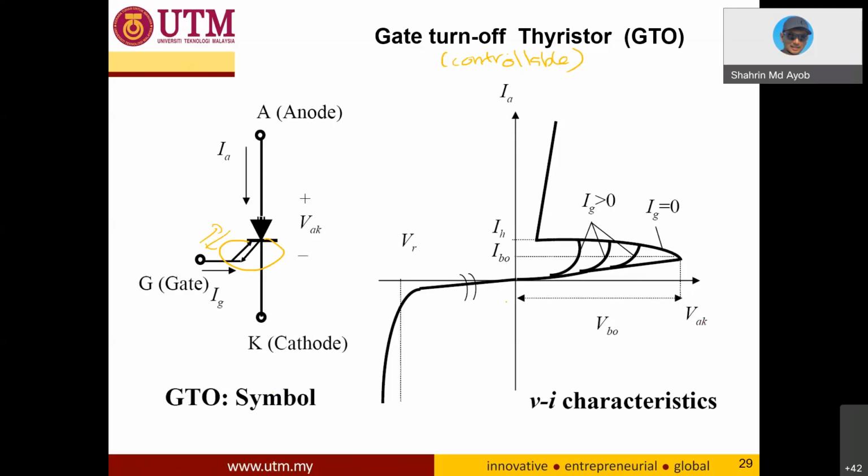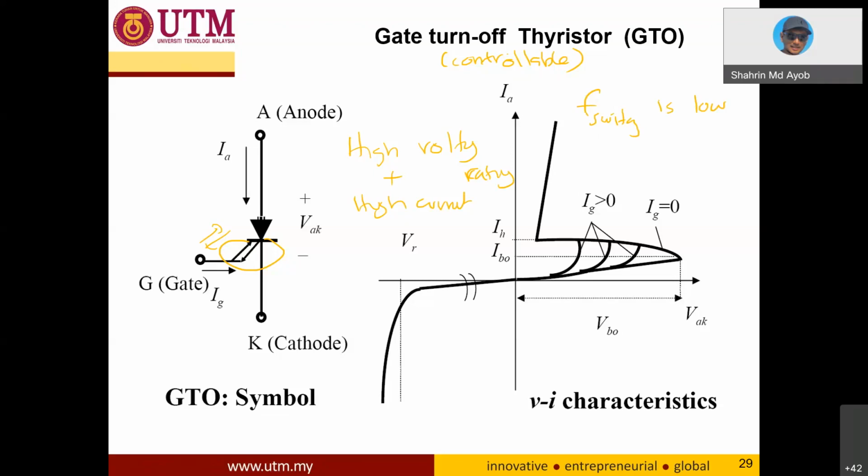This GTO usually has a very high voltage and high current rating, but the switching frequency is low. Usually when you have a device with high voltage and high current rating, the switching is not very fast.